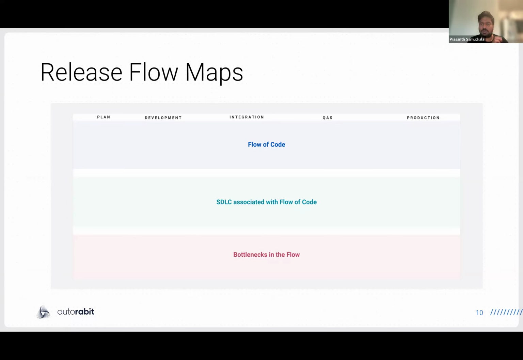Who are the people involved? What are the problems that you face, so that you can have one visualization which you can take back to your teams, to your management, and show them that here are the places where we are having the problems. Here are the places we will have to invest time, money, attention. And if you're able to solve these XYZ bottlenecks, you'll be able to go much faster.